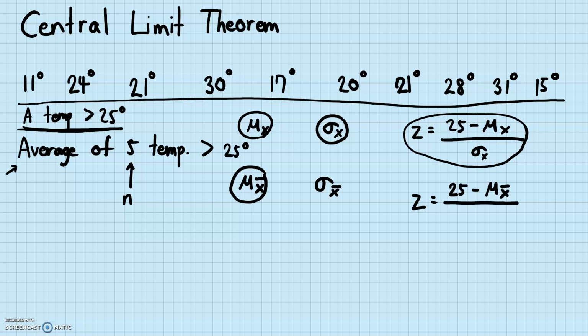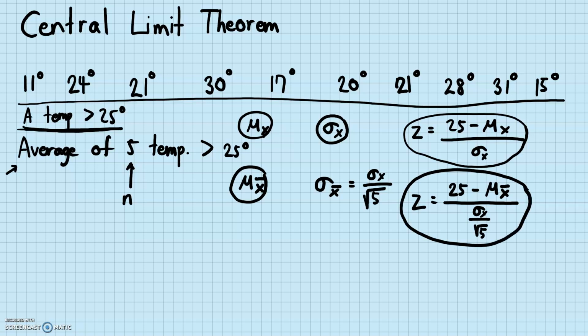And for the standard deviation, we'll just do that divided by the square root of 5. So you'll get your z-score this way if it's asking about the average. And in fact, this way is going to be much closer to a normal distribution than the individual one would be. And also, as the n becomes bigger, the data becomes more normal.